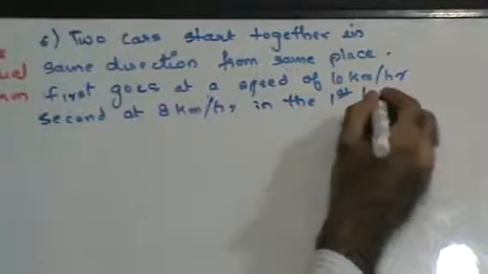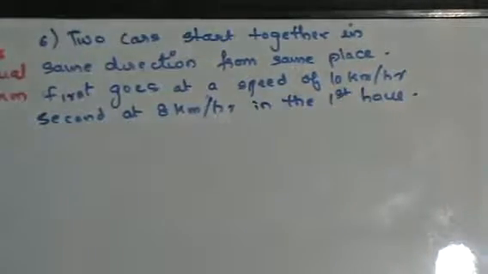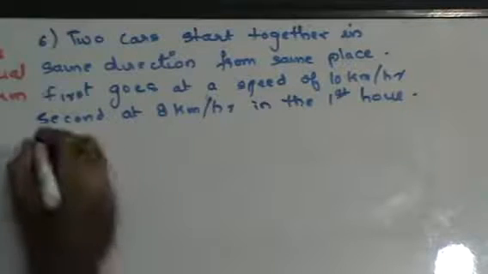Next, they are saying that the second car increases the speed by half kilometer each succeeding hour.